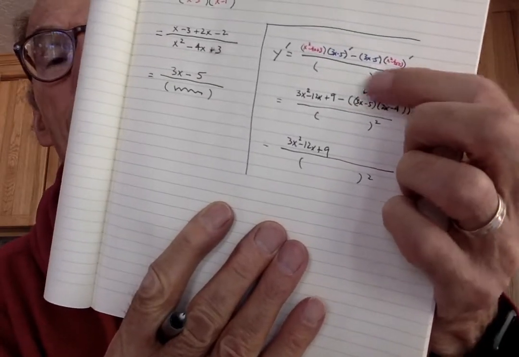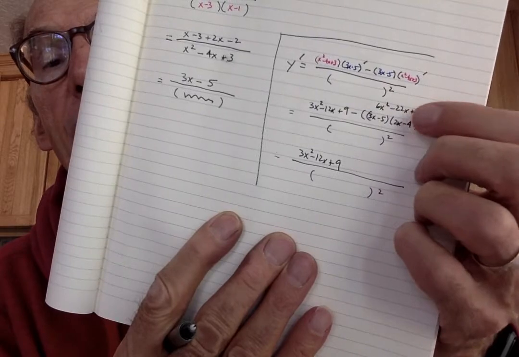I'm going to subtract off each of these terms and make sure I do it correctly. So we have a minus 6x squared, a plus 22x, and then a minus 20. And what that works out to be is, the bottom is still squared, we're going to have minus 3x squared plus 10x minus 11. Woo-hoo!